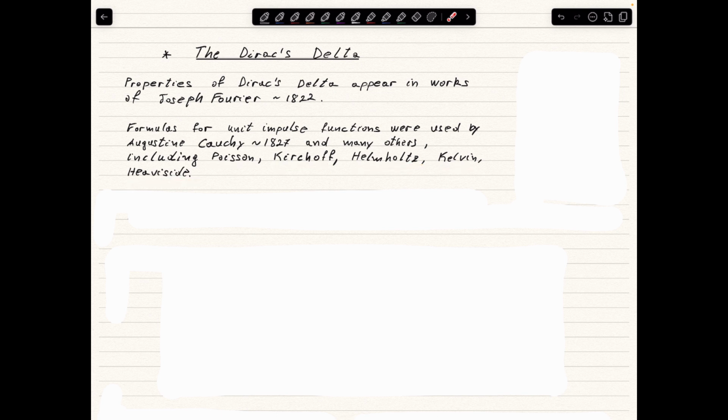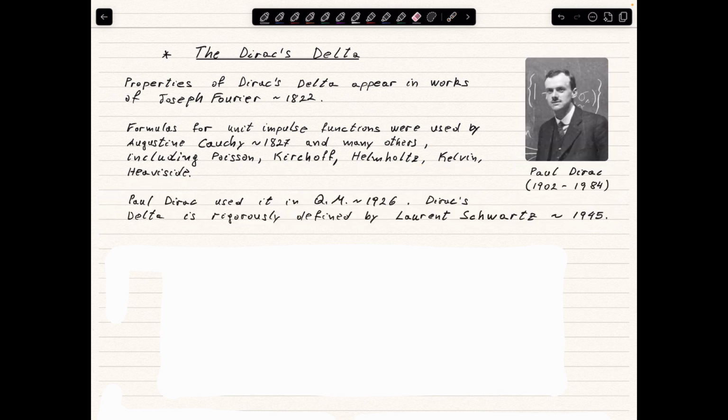But this generalized function is called Dirac's delta because Paul Dirac used it in his studies of quantum mechanics in 1926. So that's why we have the name of this generalized function associated to Dirac. Although Dirac's delta was rigorously defined only by Laurent Schwartz in 1945.